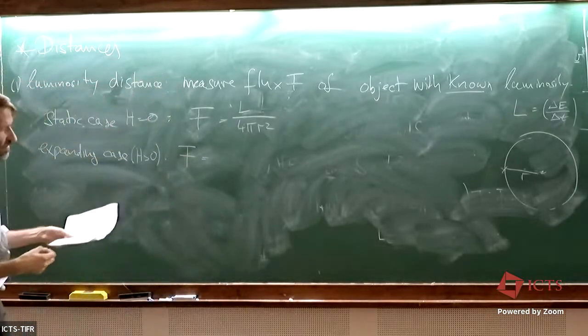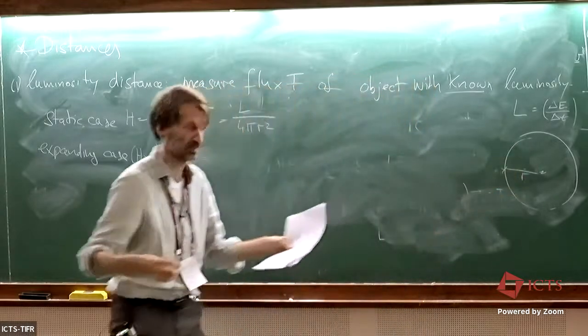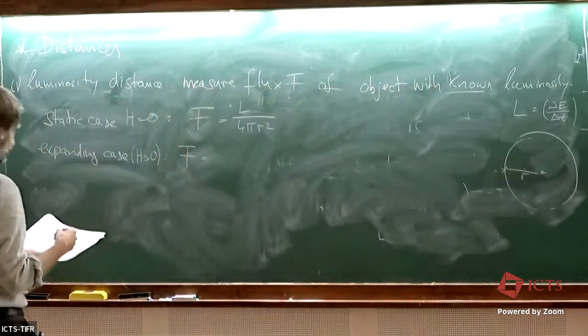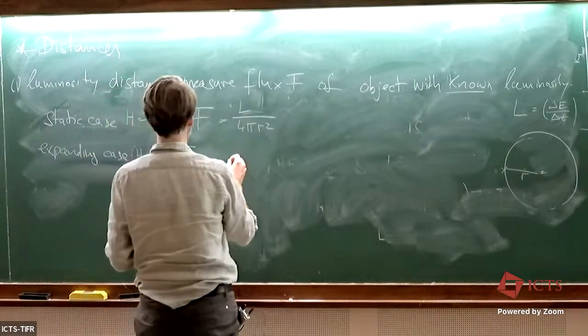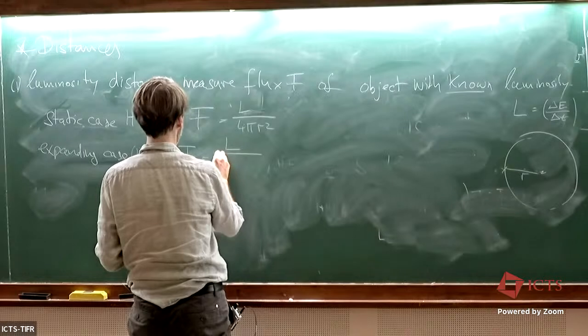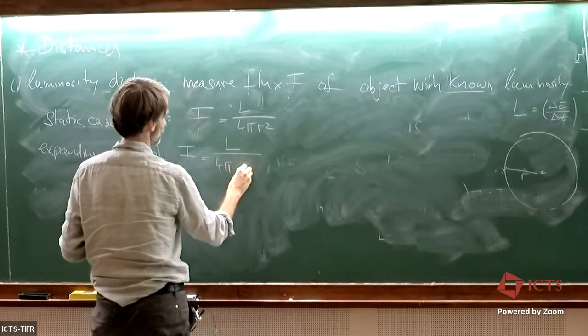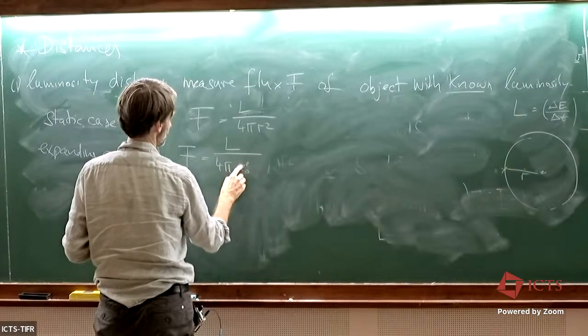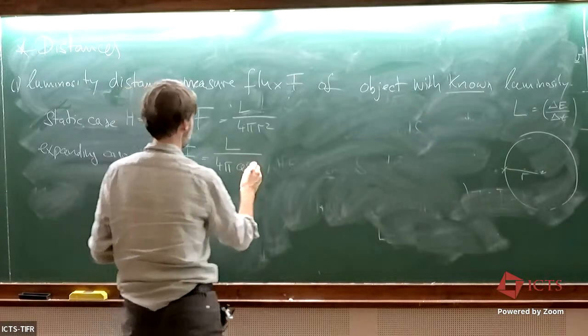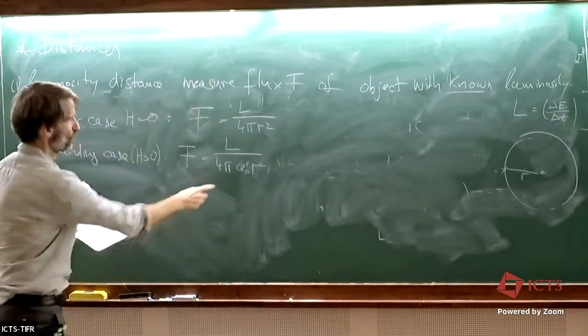Because then the flux is going to depend on the way space expands in between while the photons travel. So we have the luminosity divided by 4 pi, times a factor of a0 squared times the coordinate distance, the co-moving coordinate distance.